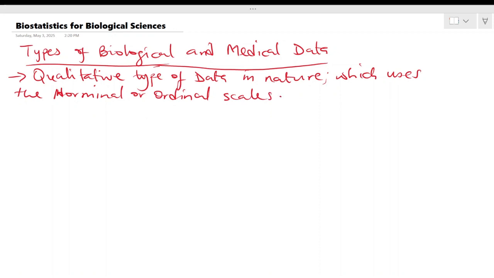All right, so let's go ahead and see some of the types of data that are found in biological and medical sciences.